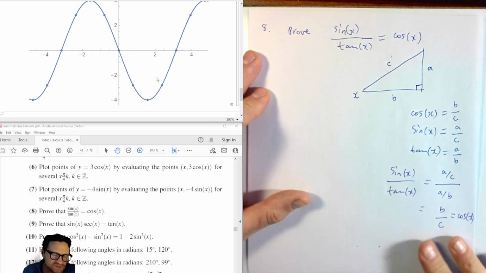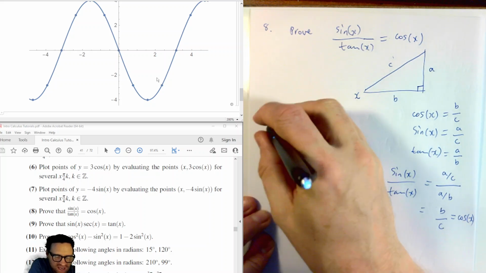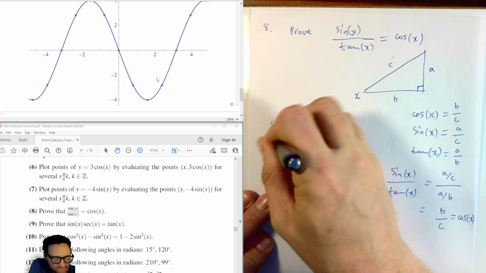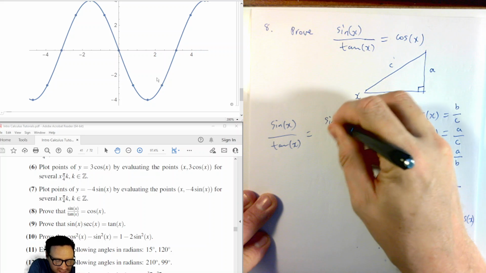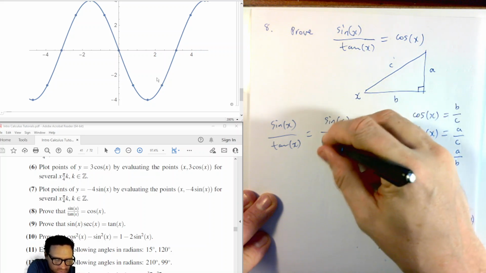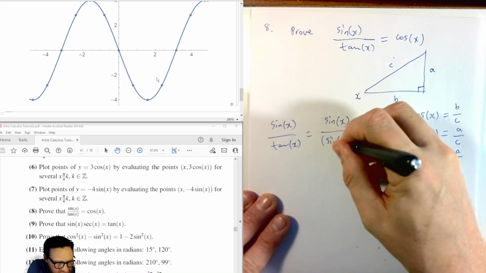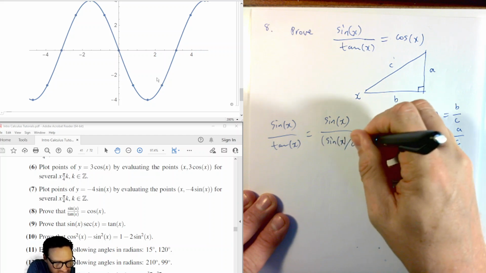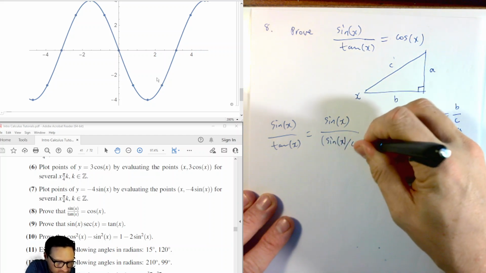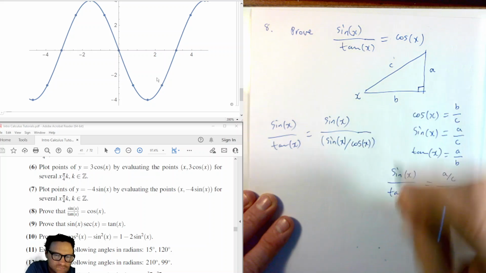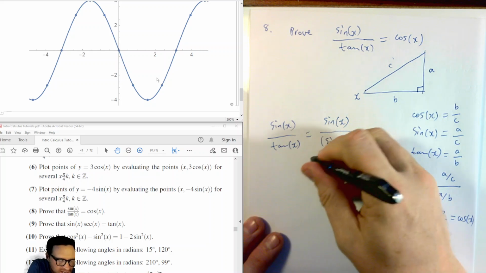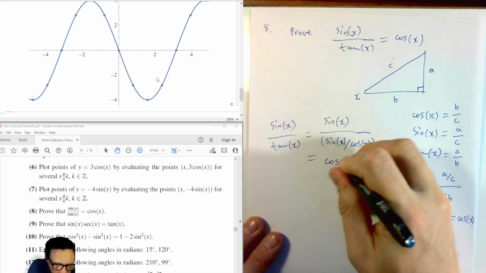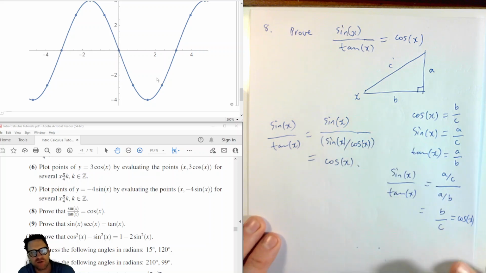All right, but you can do this alternatively by saying sine of x over tan of x is sine of x over the ratio sine of x over cos of x, and then multiply top and bottom by cos and multiply top and bottom by 1 on sine, and you will get cos of x. Okay.